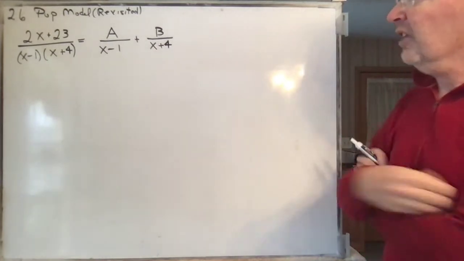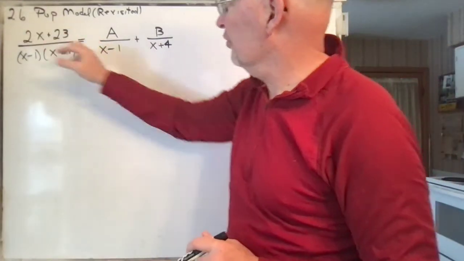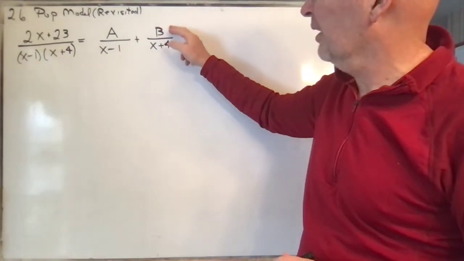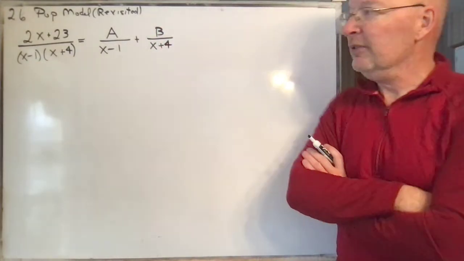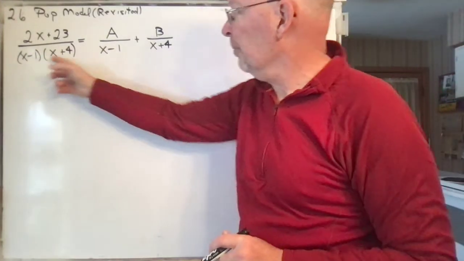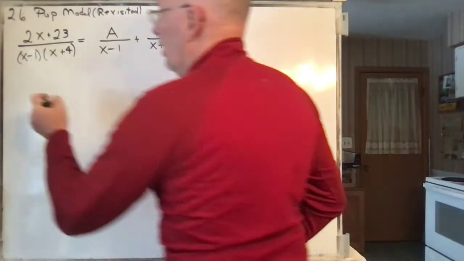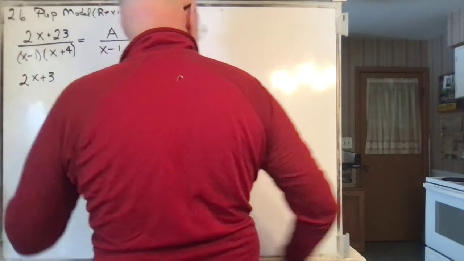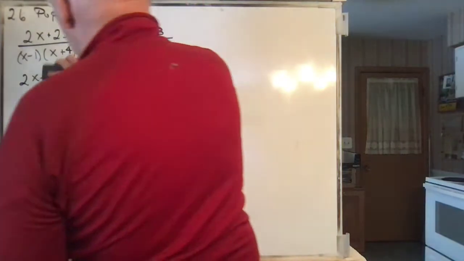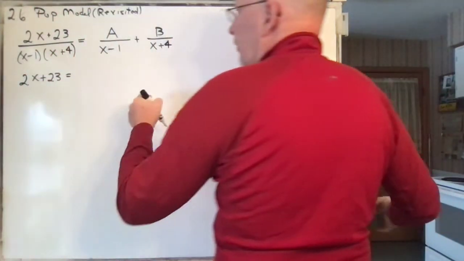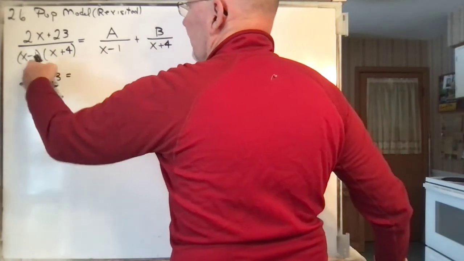So the first step is to take something like this and just write it as A over this first thing, and then some other constant B over this thing. And then we just have to find the A and the B. And the way we do it is we just multiply through by the whole denominator. So we're going to get 2x plus 23 is equal to, if you multiply through by the denominator, then this will cancel with this.